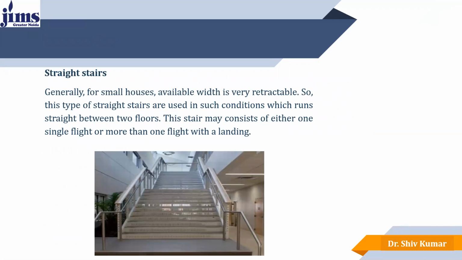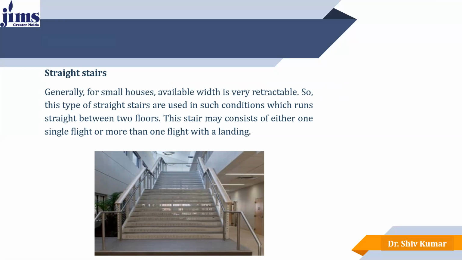Let's discuss the first type of stairs, which is straight stairs. Generally, for small houses where there are space limitations, this type of stairs is used, which runs straight between two floors.